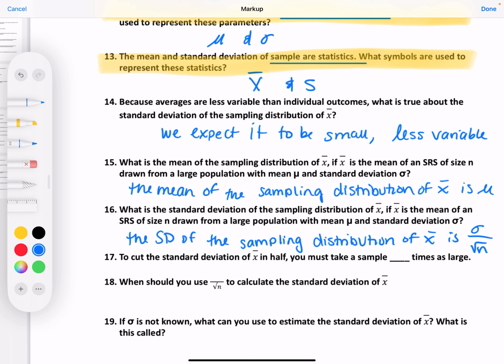It's a specific number. I want to cut the standard deviation in half. So what sample size would give me a 2 in the bottom? What needs to go under the square root to give me 2? 4.